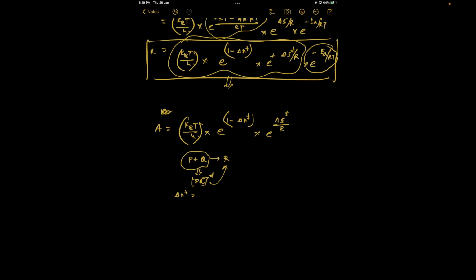Here PQ double dagger is one complex, so the number of molecules in the activated complex is 1, minus the number of reactant molecules. Here there are two types of reactant molecules, P and Q, so it is 1 minus 2, which is minus 1, right?